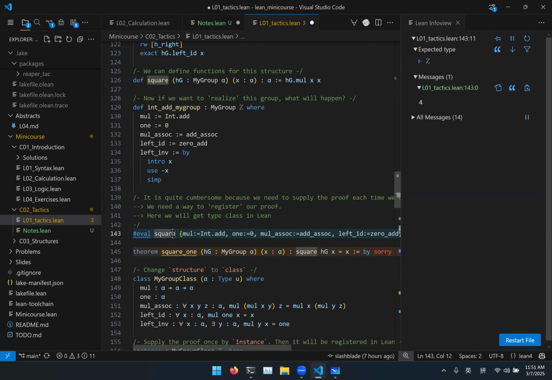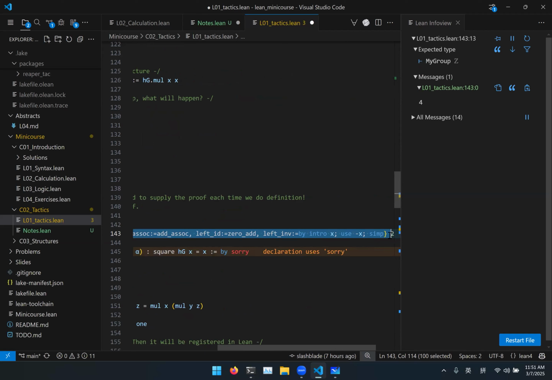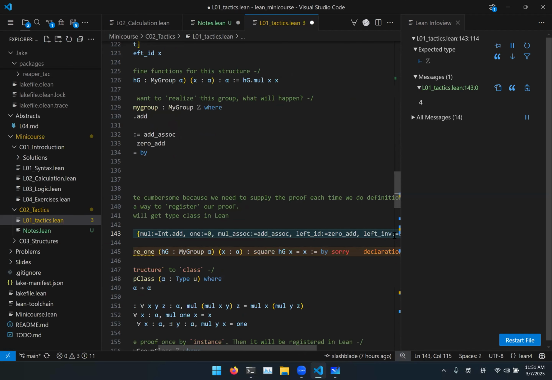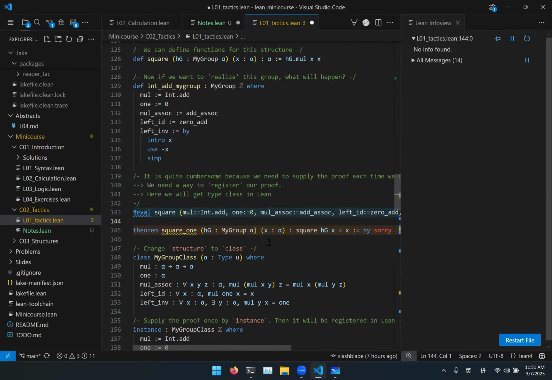And when we want to compute this on integers, we find that we first need to supply a proof that the integers are a group, then we can do this computation. It is very nasty because we want to prove it once, and in other cases we want Lean to automatically determine the fact behind. So here the structure is not so useful.